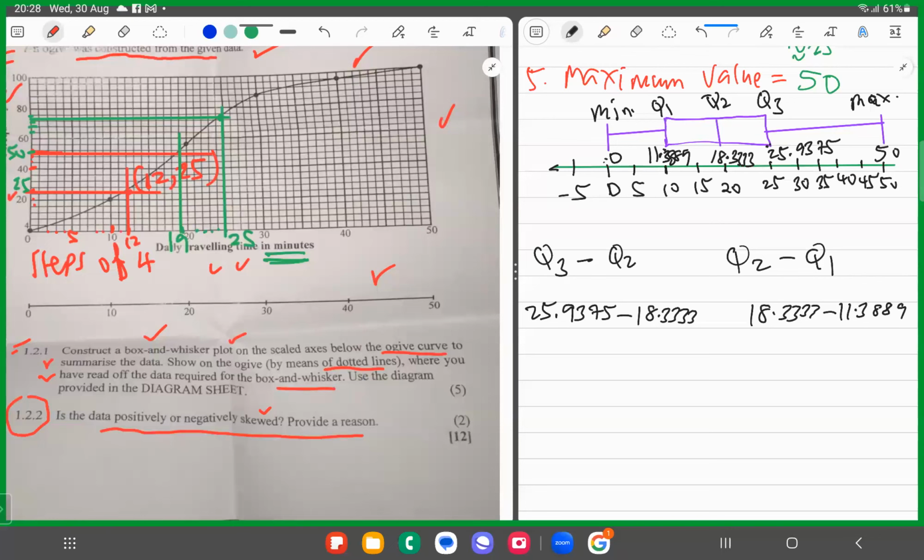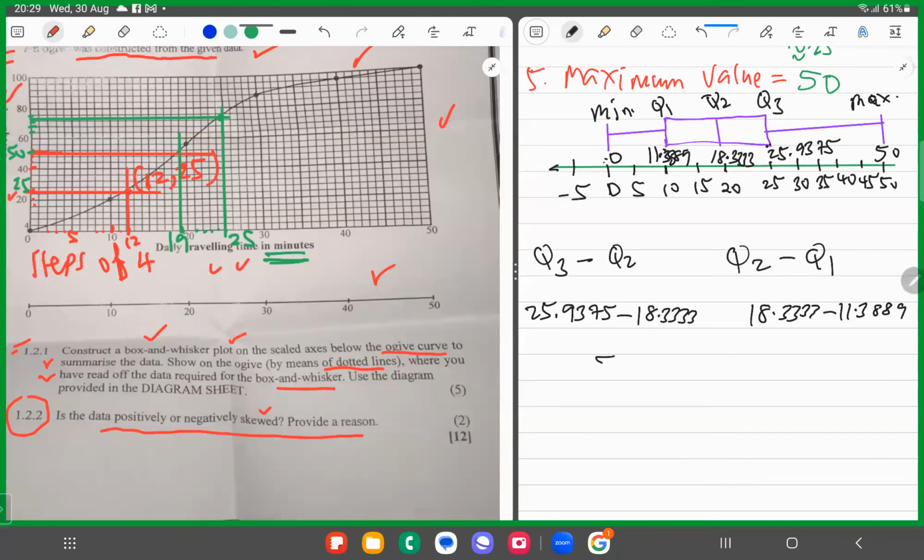So let's see what is happening here. What is the difference? Let's use our calculators. This is going to be 25.9375 minus 18.3333.